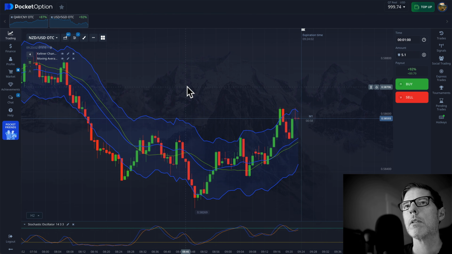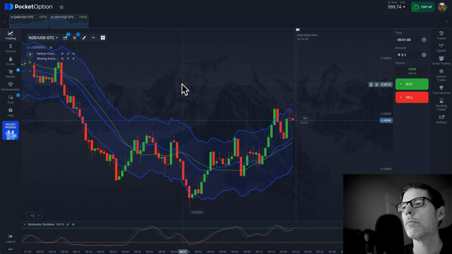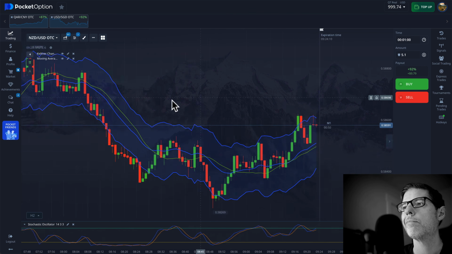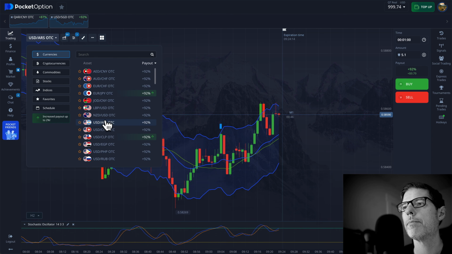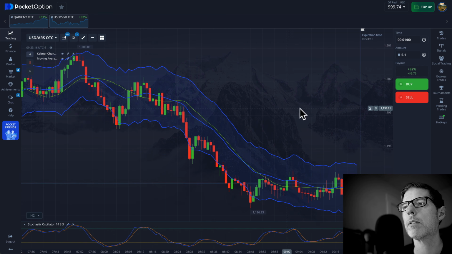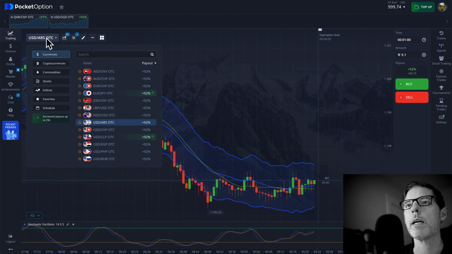Yep, this one looks, what are we at? NZD. Yeah, but it's not a really good trend. There's no trend. This is kind of going downward, but look at those wicks.